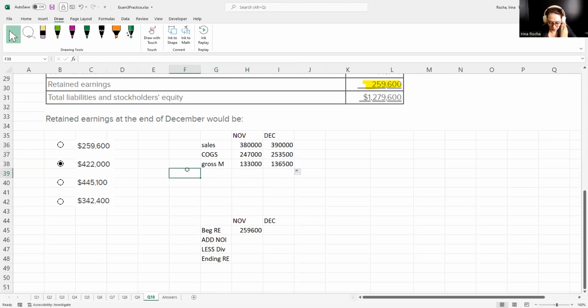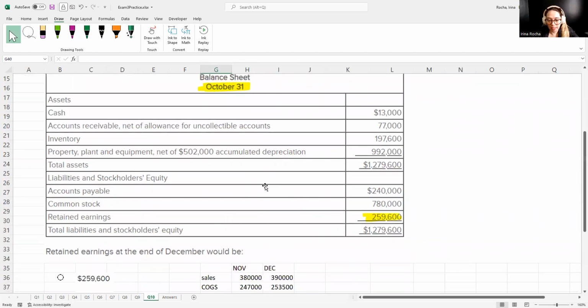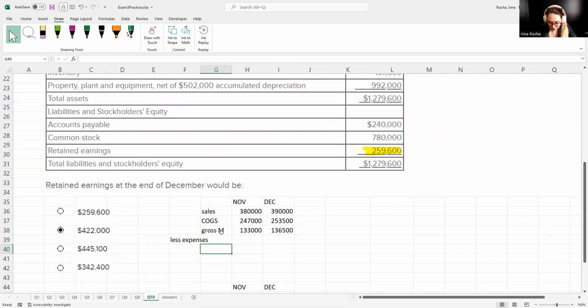So now I have to do less expenses. What expense do I have? We just read about one, the 3% uncollectible. So 3% of sales are uncollectible. I sell 100, I'm only going to be paid 97. So that's called bad debt. So it's that times 0.03.